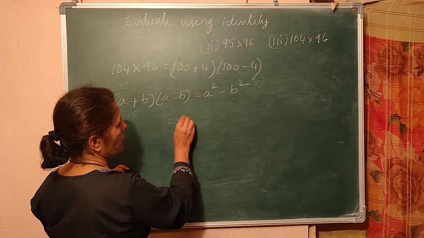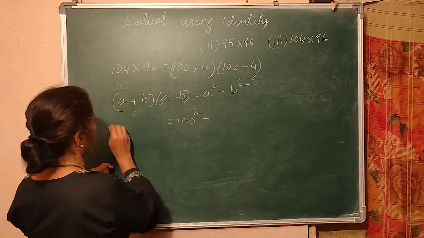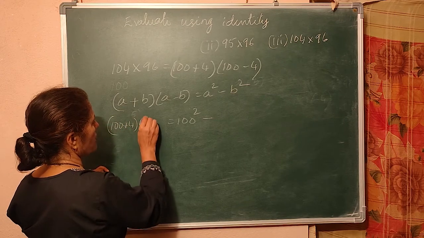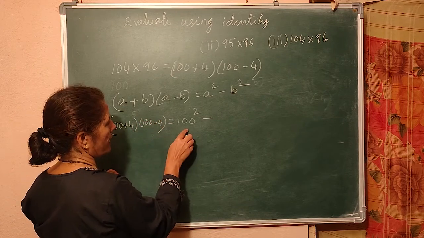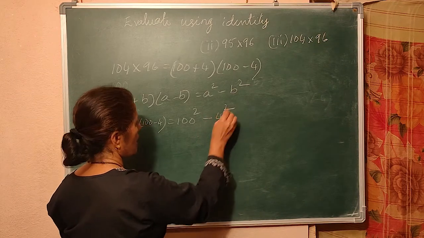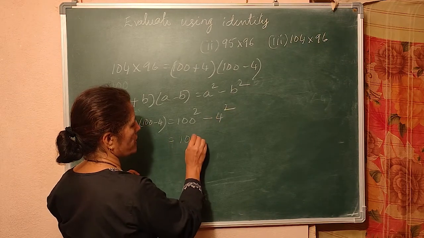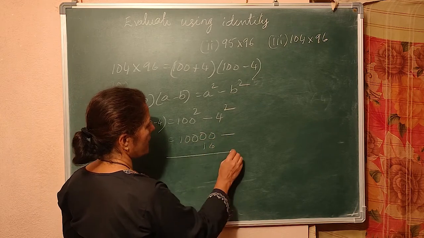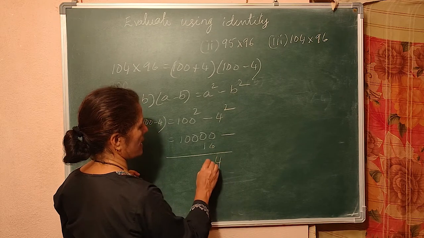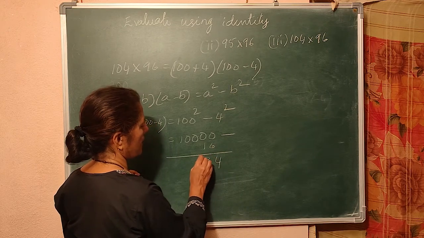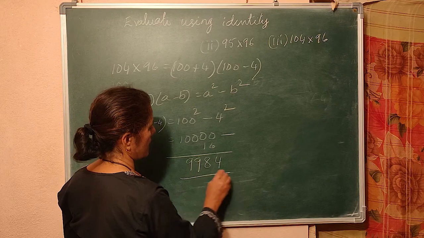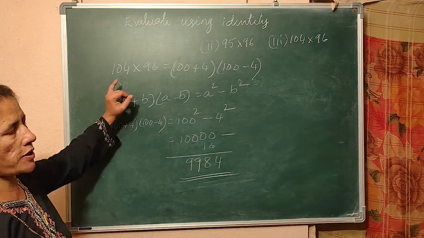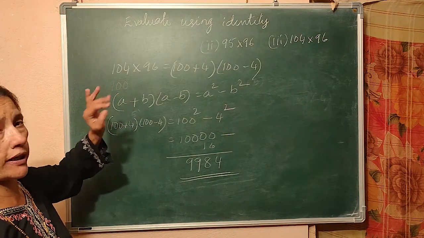So, 100 plus 4 into 100 minus 4 is equal to 100 square minus 4 square. What is 100 square? 4 zeros, minus 16. So, 10 minus 6, 4, 9 minus 1, 8, 9, 9,984, right?